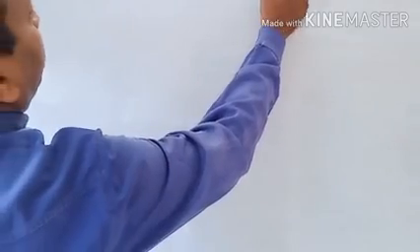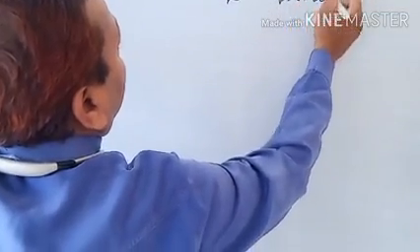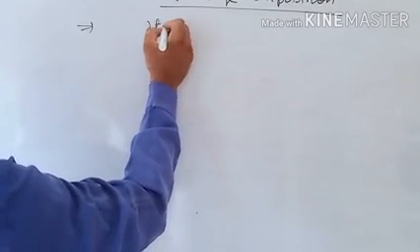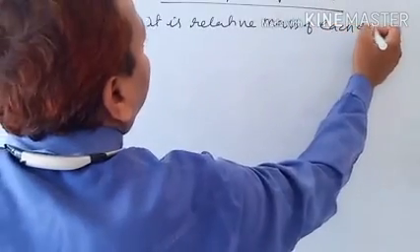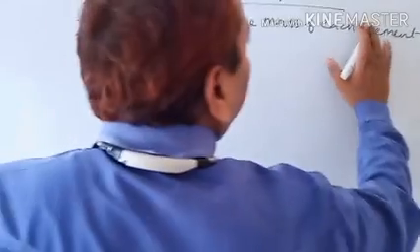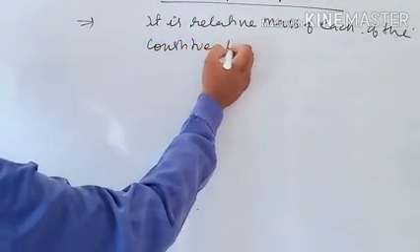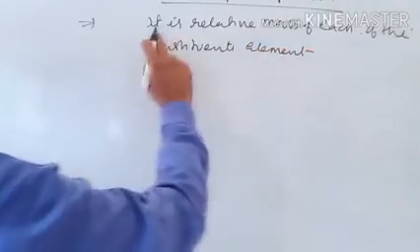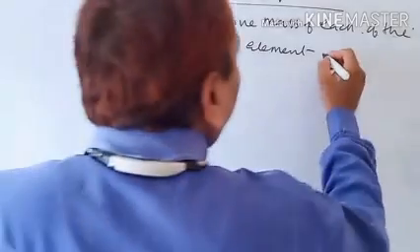Percentage composition of compound. So children, the percentage composition of a compound is the relative mass of each of the constituent elements in 100 parts of it.